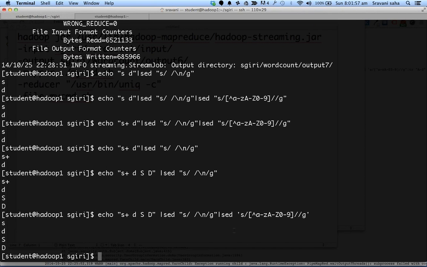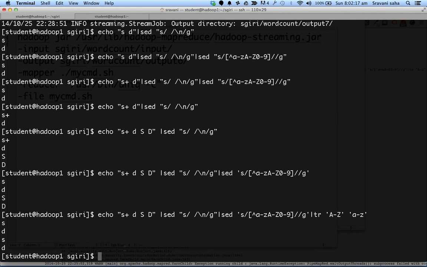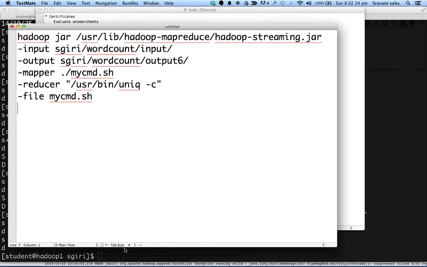So you see, the plus has been removed and S plus has been converted into S. Now the next step is to convert everything into lowercase. All right, so here you can see that everything has been converted into lowercase and very well sanitized.